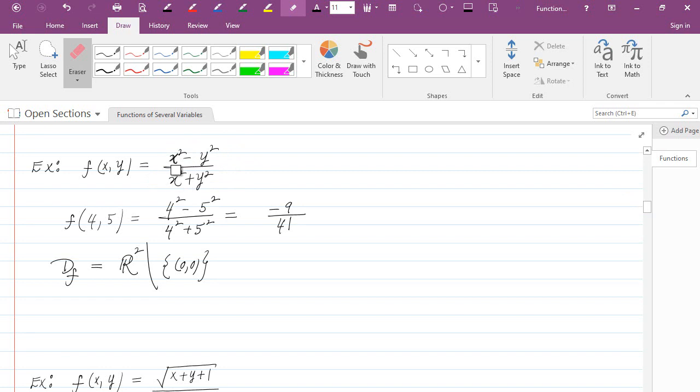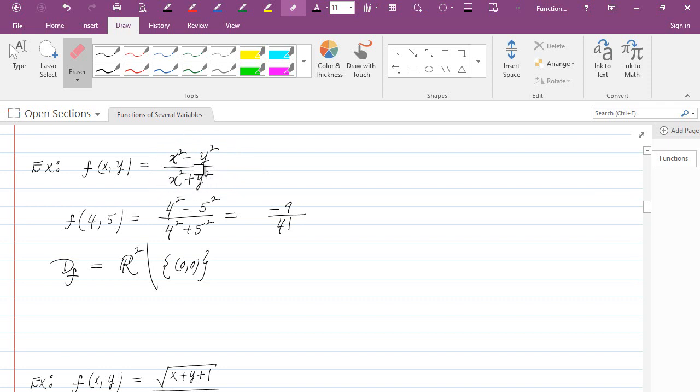And since this is a ratio, notice that the numerator makes sense for any x, y and the denominator makes sense for any x, y. Now the ratio will make sense for any x, y as long as the denominator doesn't vanish. So notice that when x and y are both 0, we get a 0 in the denominator, and that's the only time we get a 0 in the denominator.